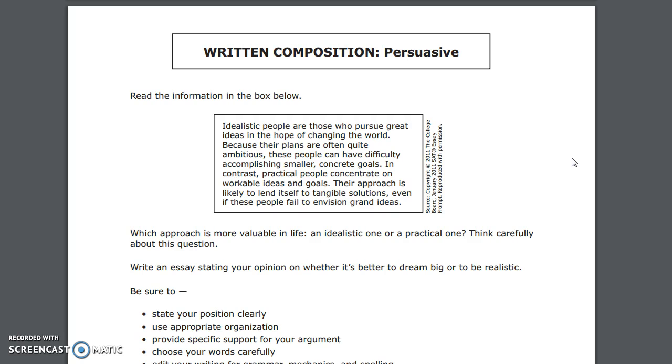I'm going to use a dictionary or a thesaurus if I need it. And once I've done all of that, I'm going to go back to the writing section. I'm going to complete my final draft of my essay because at this time I've had some time to think about it and see what I want to add or take away. So I'm going to write my final draft of my two short answers and my essay, and then I'm going to do the revising and editing multiple choice.